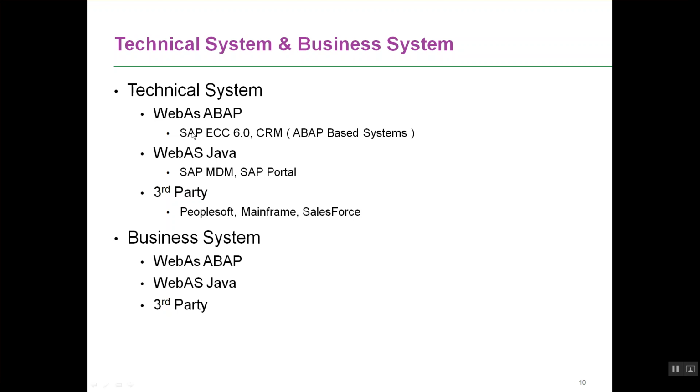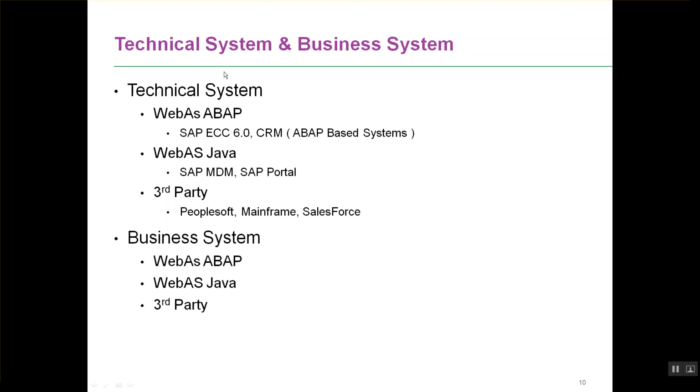So each client of an SAP ABAP system, your 000 client, your 200 client, your customizing client, your development client, each of these web-based ABAP clients can have a business system. So for one technical system of type web-based ABAP, you can have n business systems created. Whereas the relationship for web-based Java and third-party is 1:1. Each Java technical system and each third-party technical system can have only one business system associated with it.